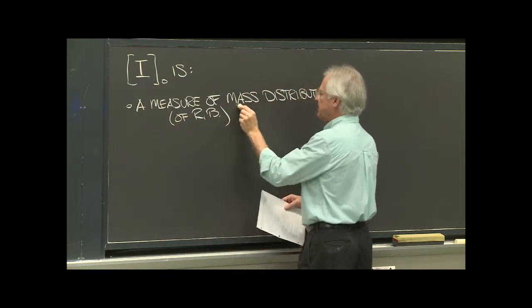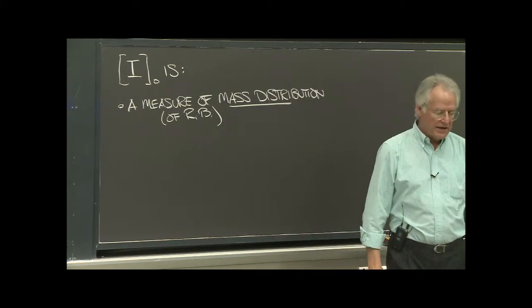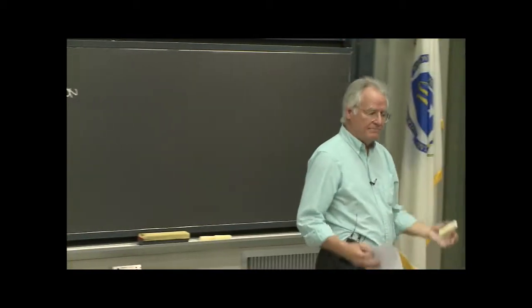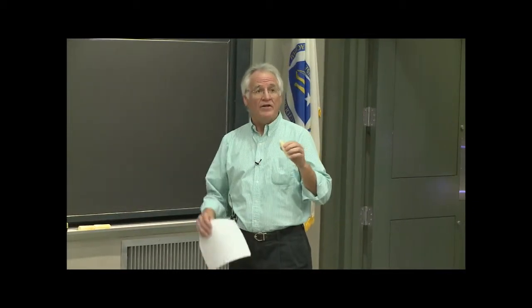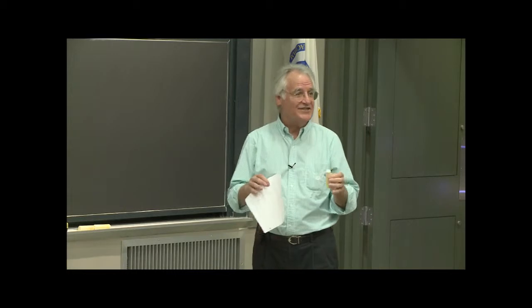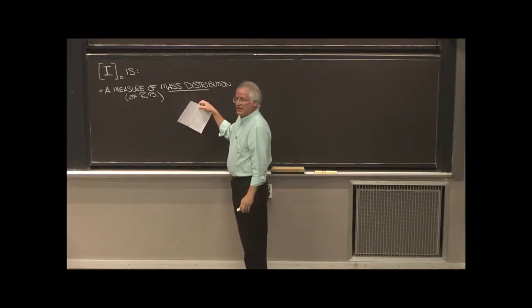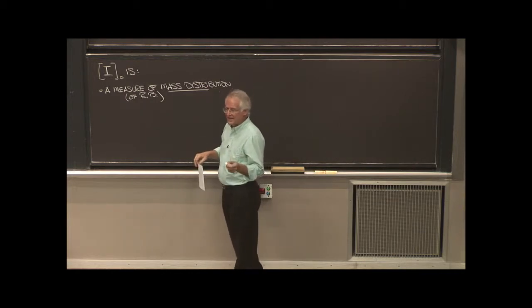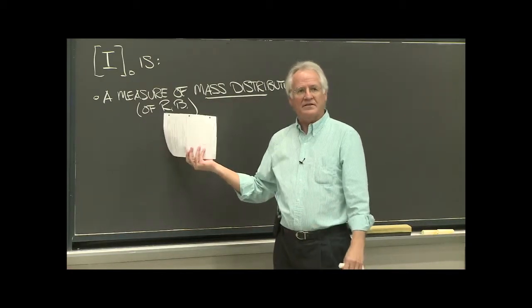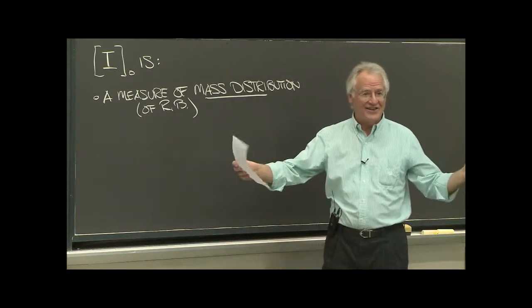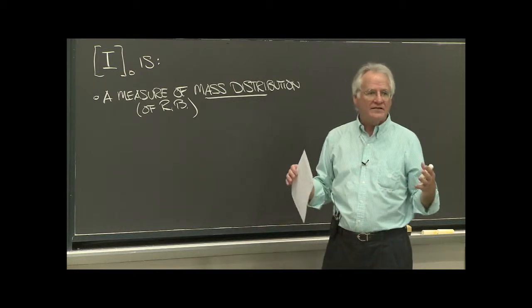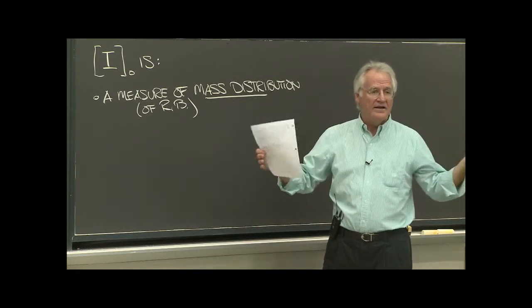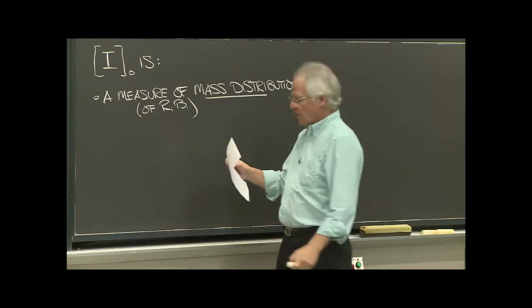First thing is that what the moment of inertia matrix is, intrinsically, is a measure of how the mass of the rigid body is distributed. Where is it? And in cases where the object is of uniform density, then it follows that it's a statement about how the geometry is distributed. But what it really measures is where's the mass, and how's it distributed? All righty? Okay, that's number one.